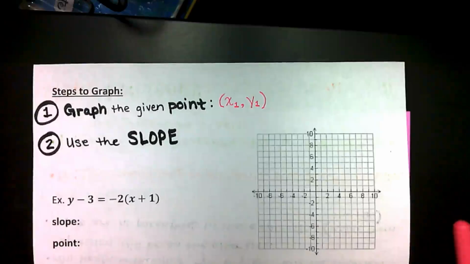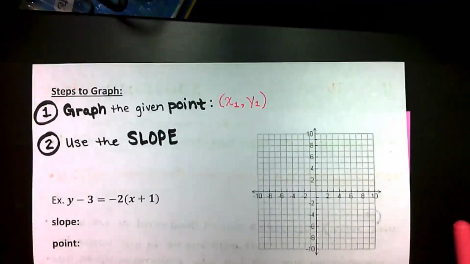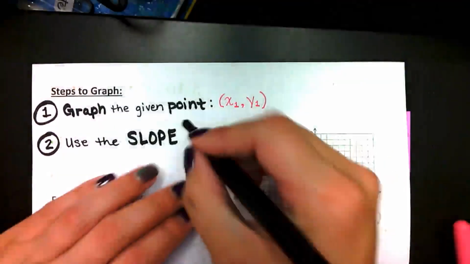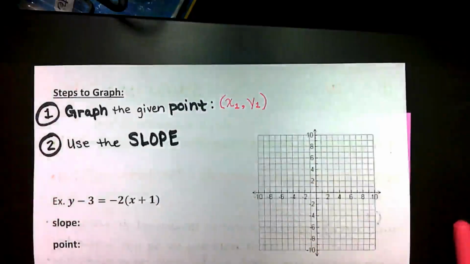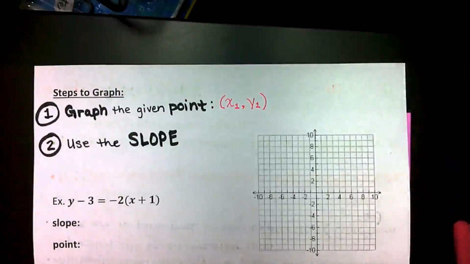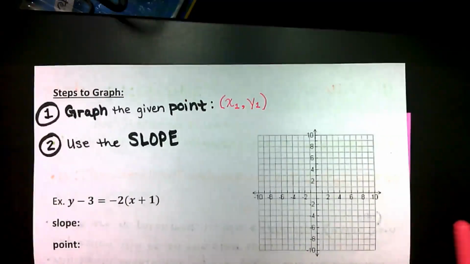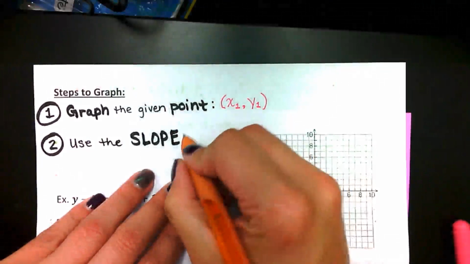Now, last time, whenever we were talking about slope, it was very simple, very basic. We said rise over run. I'd like you guys to think a little bit harder this time, all right? With the slope, I'll go ahead and bring it in orange again.